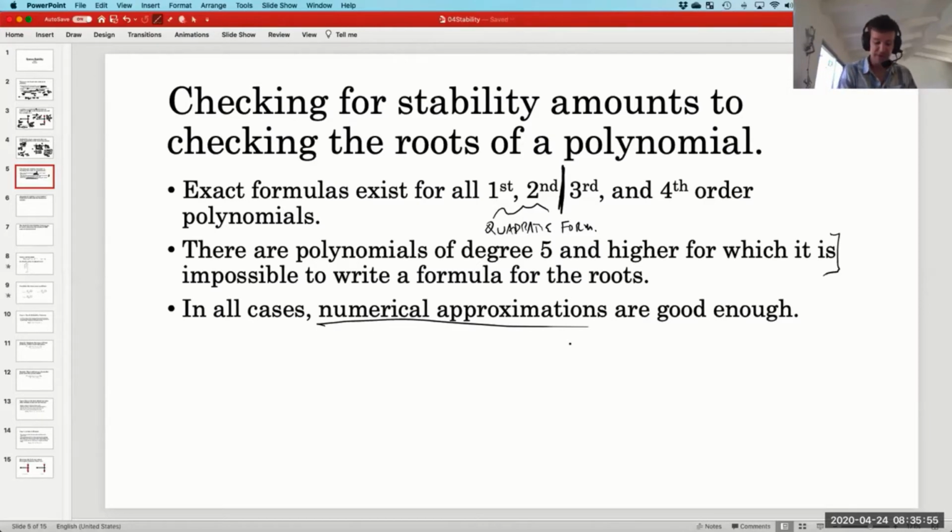This bullet point might scare you, and it might make you think that you can't find the roots. I don't want you to come away with that impression. You can approximate the roots to an arbitrarily good degree, which for engineers is often all you need. But I think it's a fascinating mathematical fact that you can't write the exact location.